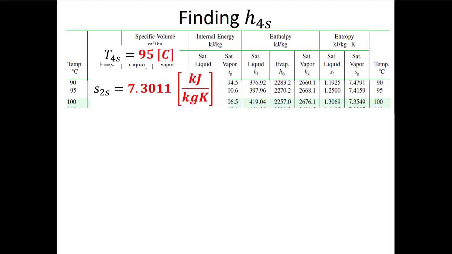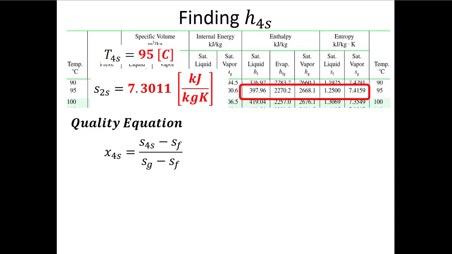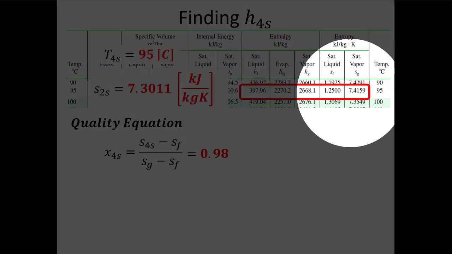So I have some quality here that's going to be between 0 and 100, or between 0 and 1. Now I can do some interpolation with quality here, and I find that the quality at state 4S is 0.98. So again, I'm very close to being a saturated vapor.